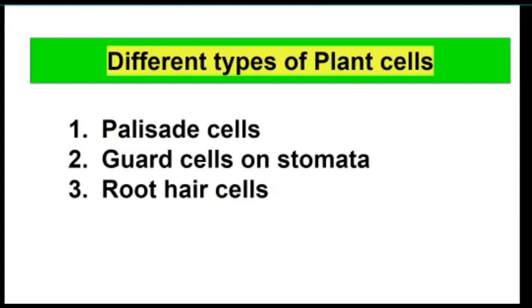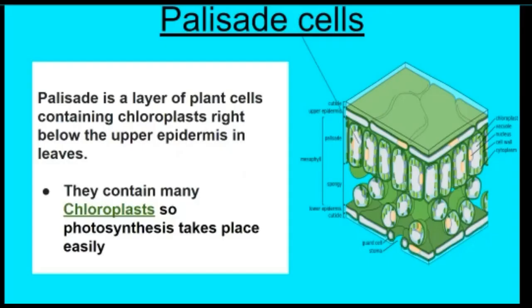Plants have specifically three main types of cells: palisade cells, guard cells, root hair cells. Palisade cells are found on the inner layer of the epidermis.